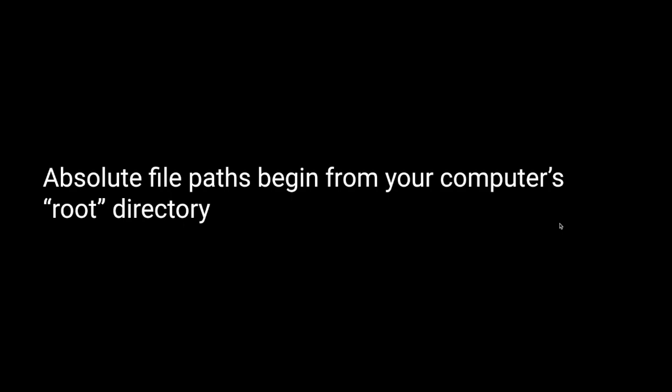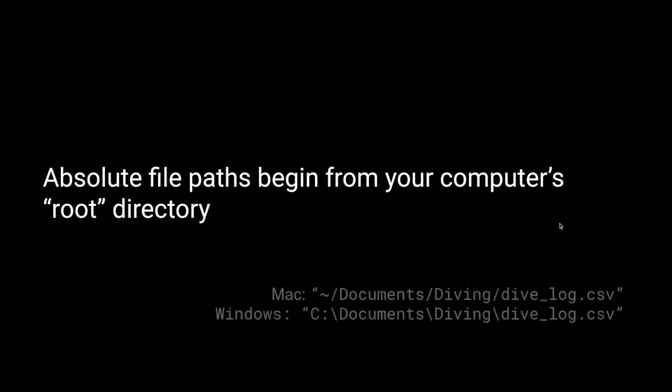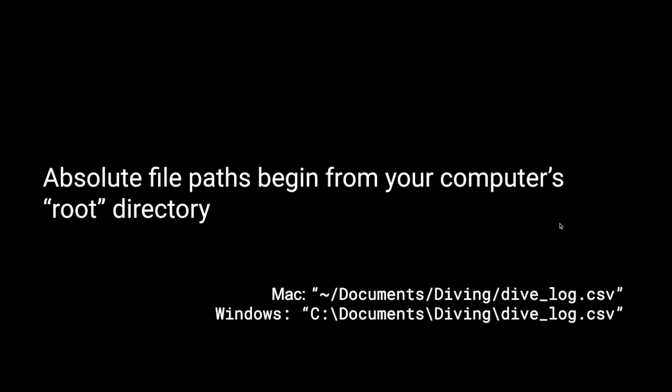There are two different kinds of file paths, absolute and relative. And the difference between them is going to depend on where you're starting from. So absolute file paths always begin from the same location. They begin from your computer's root directory. So on a Mac, your root directory is that users folder, and you can shorthand that with the tilde.